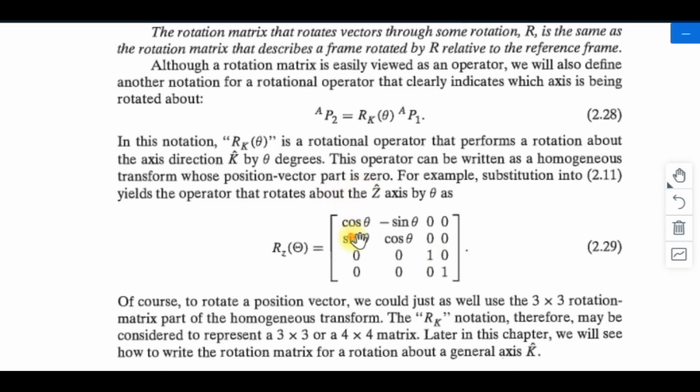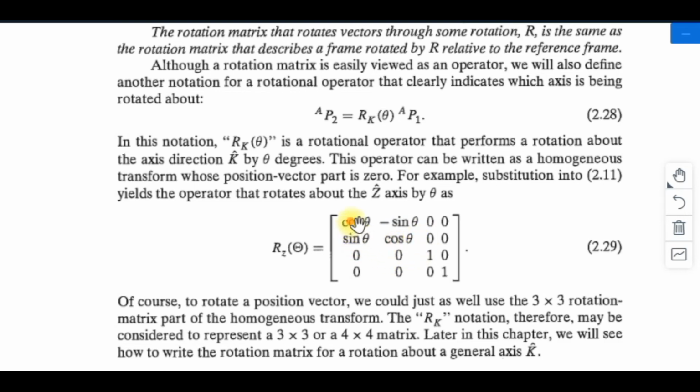When you calculate the rotation about z, this z is 0 0 and this is 1, and for ry, only one 1 is here and the others are 0.